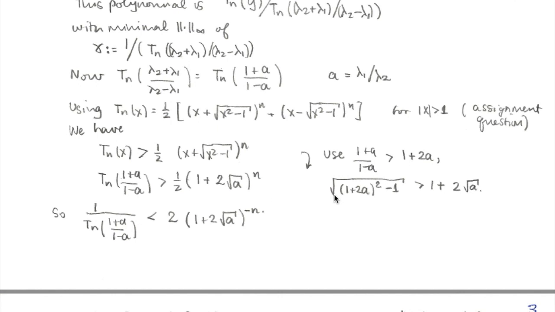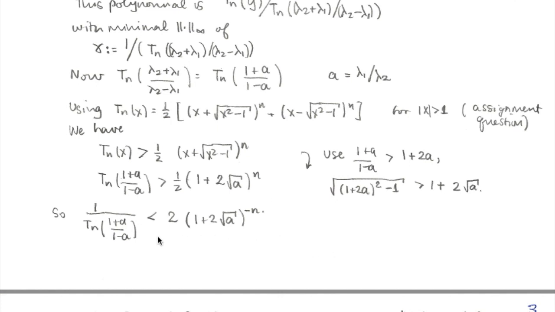And then when I replace this by this in this term here, I have this inequality. And so that's the only term I'm going to keep. And then when I invert it, I get that this is smaller than that.